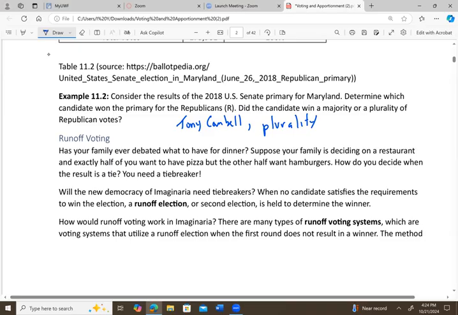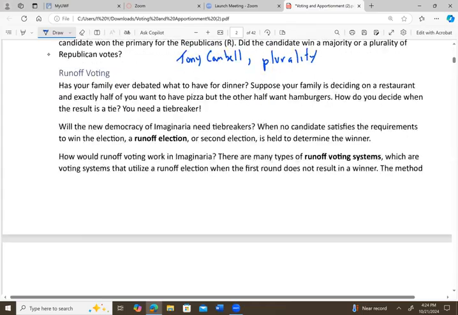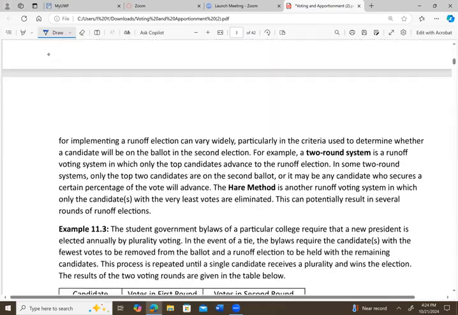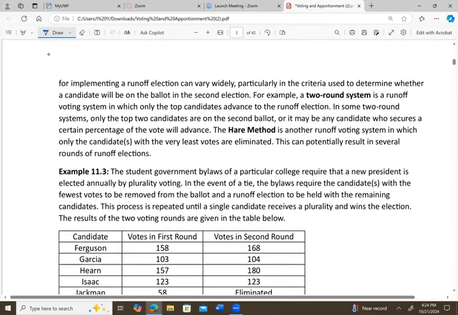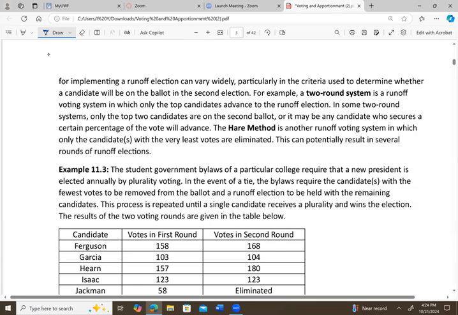There are many types of runoff voting systems, which are voting systems that utilize a runoff election when the first round does not result in a winner. The method for implementing a runoff election can vary widely, particularly in the criteria used to determine whether a candidate will be on the ballot in a second election. For example, a two-round system is a runoff voting system in which only the top candidates advance to the runoff election.